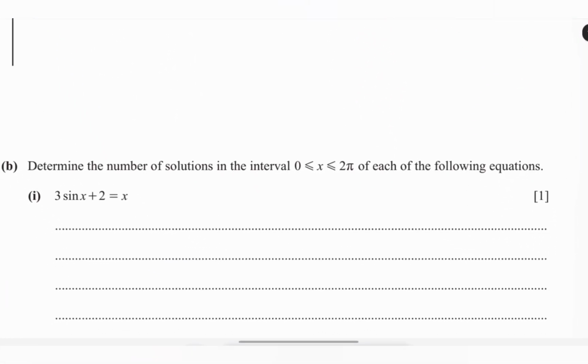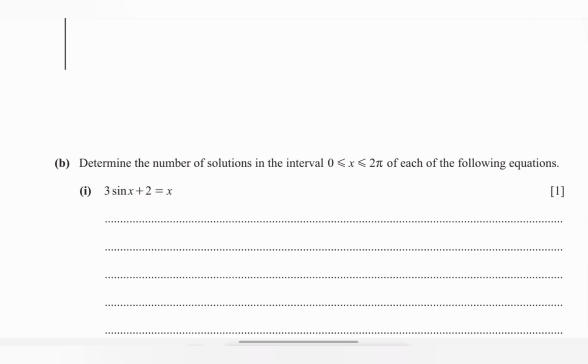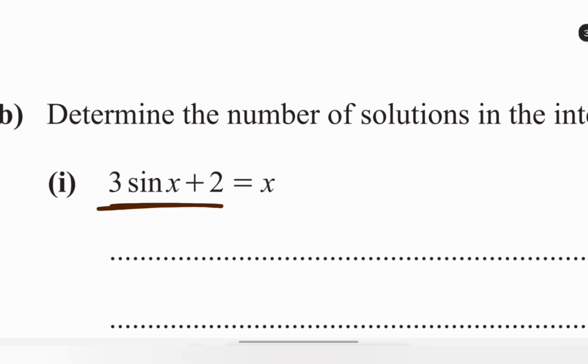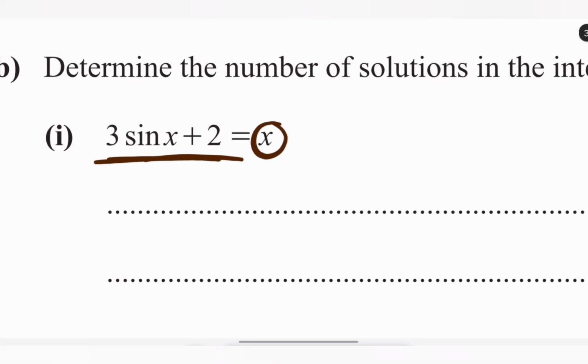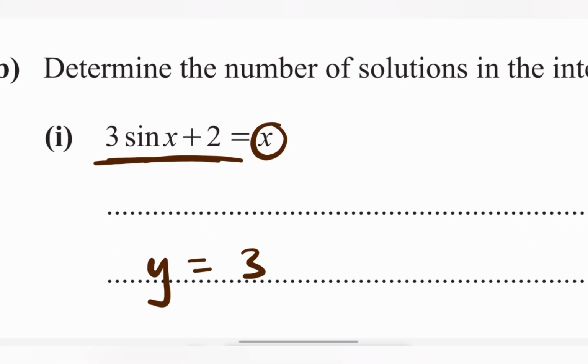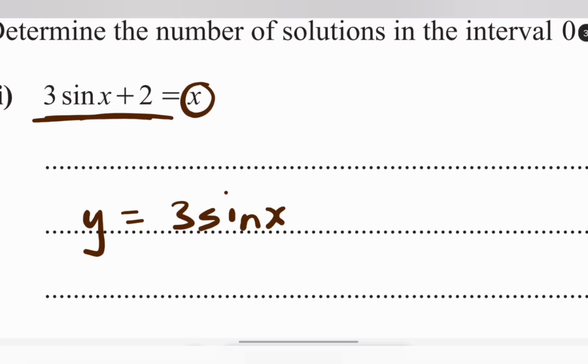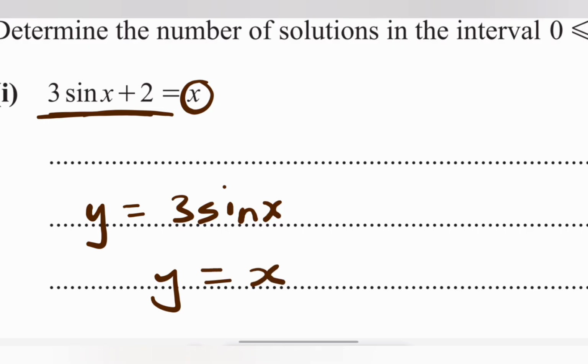Now moving on to part B, it says determine the number of solutions in the interval from 0 to 2 pi of each of the following equations. The first one is 3 sine x plus 2 is equal to x. This is the graph that we've just sketched, and it's saying it's equal to x, meaning we have two graphs. y is equal to 3 sine x plus 2 and y is equal to x, and these two are being said to be equal.